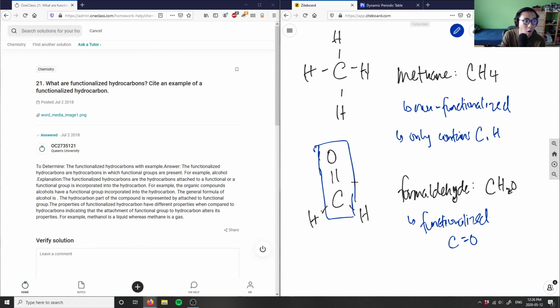I have a carbonyl functional group. And it doesn't have to be a carbonyl. It could have been an amine or an amide or a carboxylic acid or an alcohol or something like that. It depends on what the functional group is.